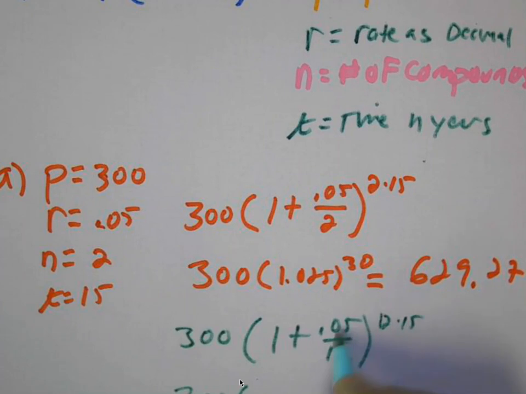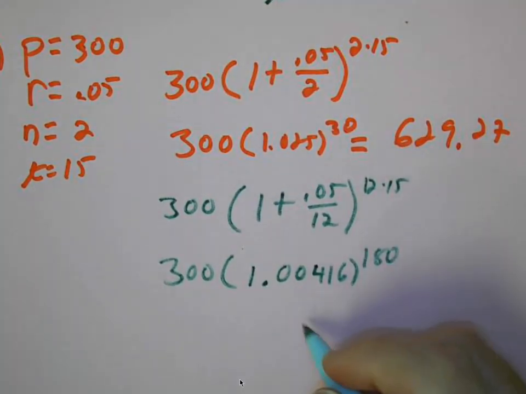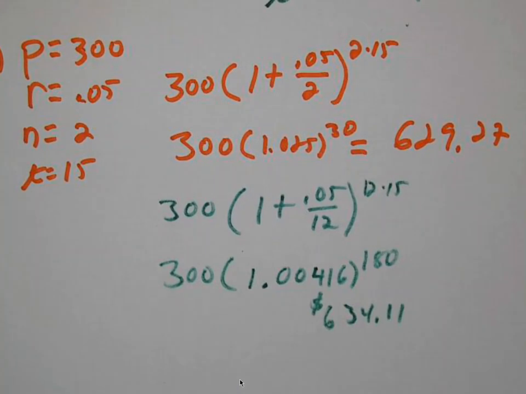When you do this math, you get 0.00416, and this is to the 180. If you do that, you get $634.11. So the more you can run your money machine, the better off you are.